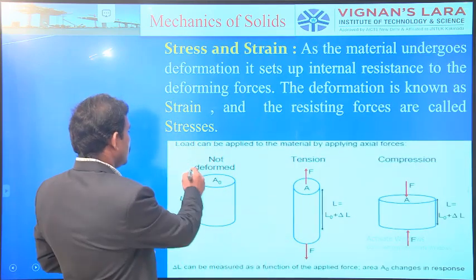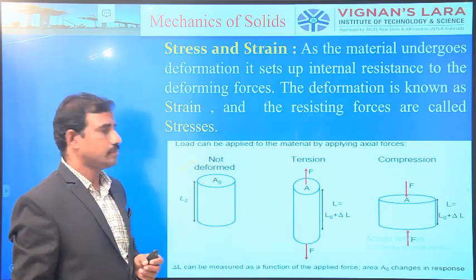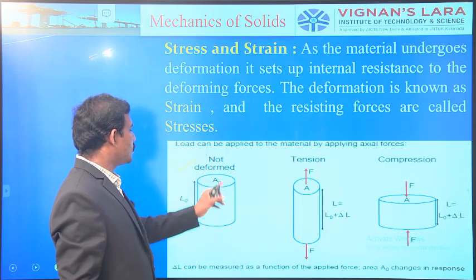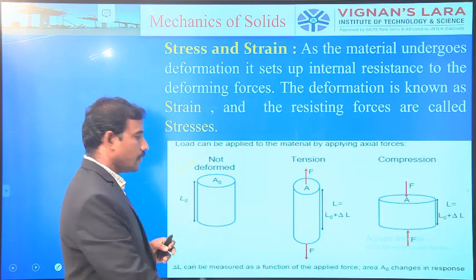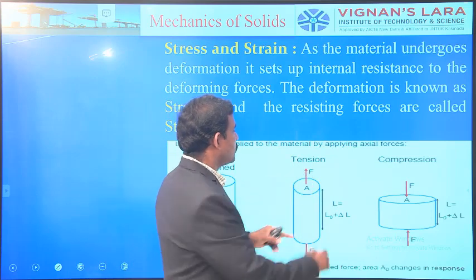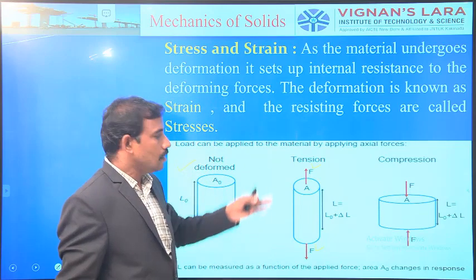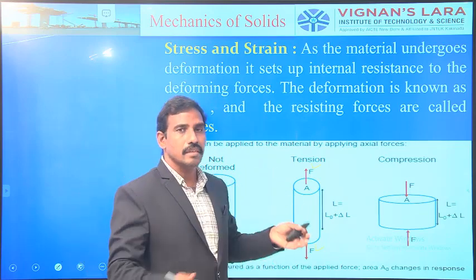Let us consider a body of circular shape. There is no force acting on the body, that is shown in figure number 1. A force system of magnitude F is acting axially on the same line, tensile in nature.